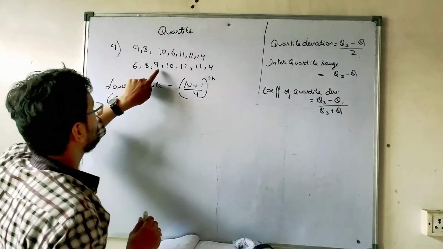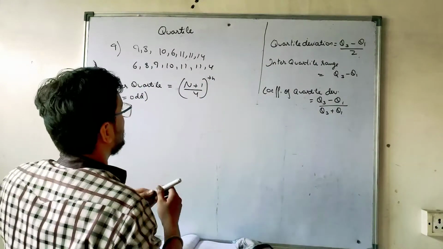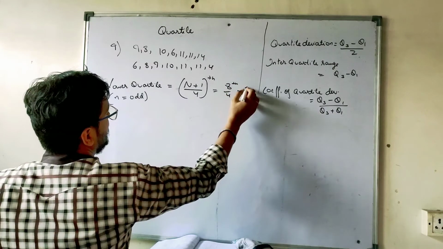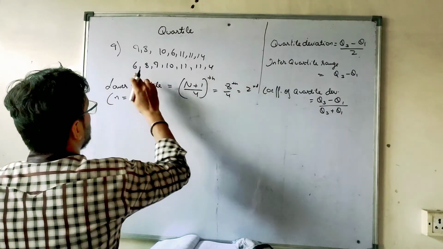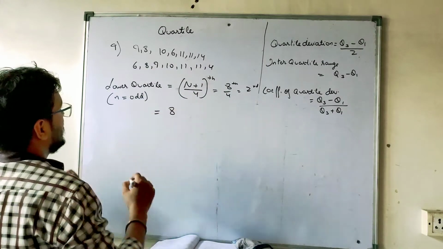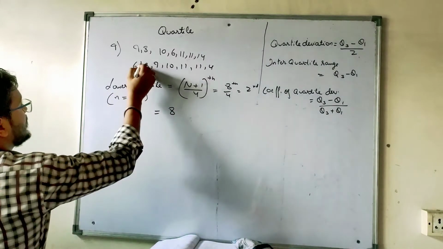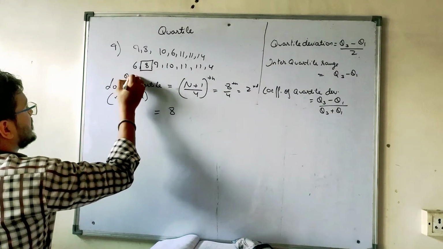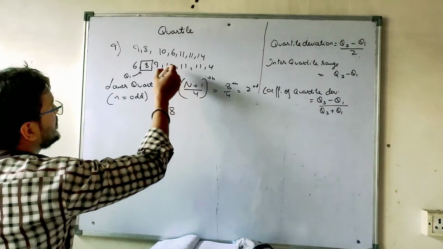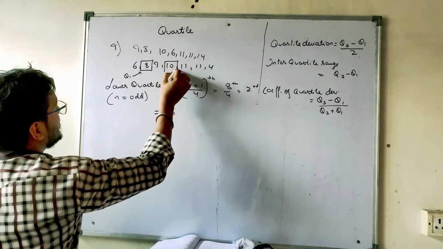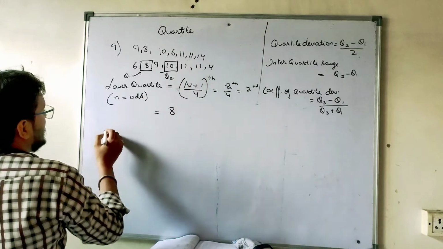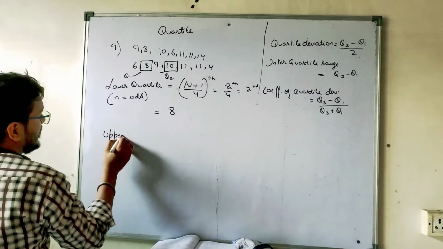Here n is 7, so 7 plus 1 is 8, upon 4 is 2. The second term is 8, so the lower quartile will be 8. This is Q1. The median will be the (n plus 1) upon 2th term. This is Q2. Q2 is the median.